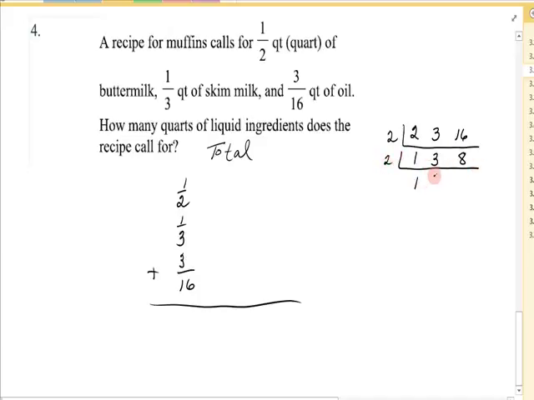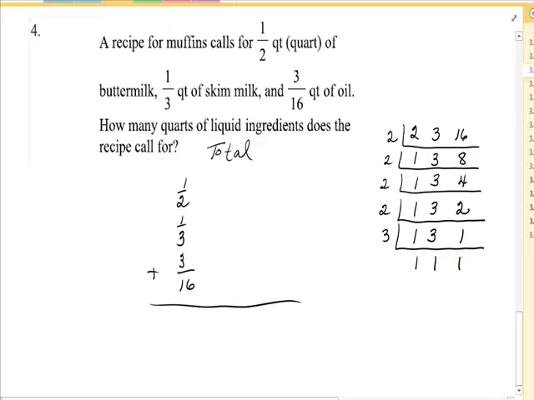Keep the 1, bring down the 3, it goes into 8 4 times. Divide by 2. The 1, keep the 3, it goes into 4 2 times. Divide by 2 a final time. Keep the 1, keep the 3, 2 goes into 2 1 time. The only other prime I can use is 3. Keep the 1, goes in there once. Bring down that 1.